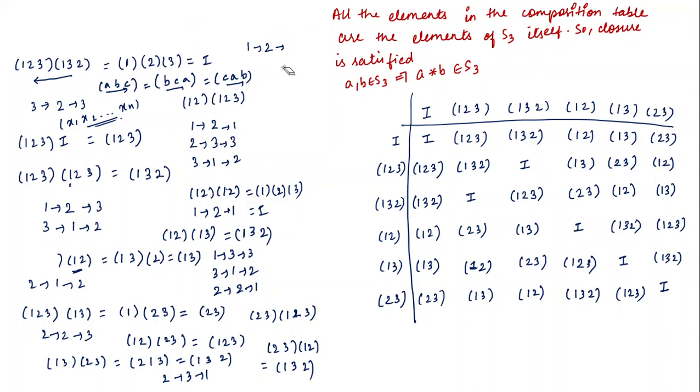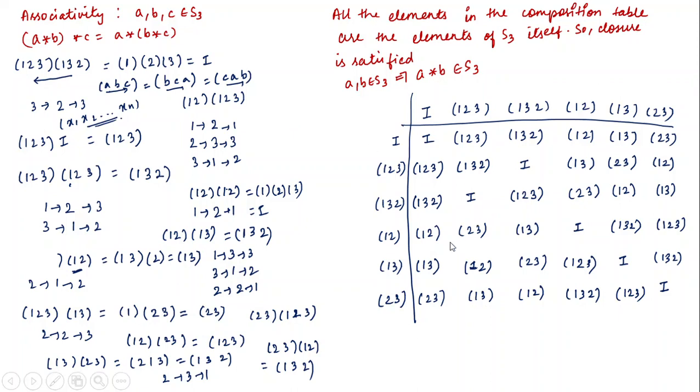Now we have to check the other properties, that is the associativity. So for associativity, you can take any three elements from S3, any random three elements from S3, and you can see that A star B star C is same as A star B star C. Alright, so basically the operation of function composition is associative.